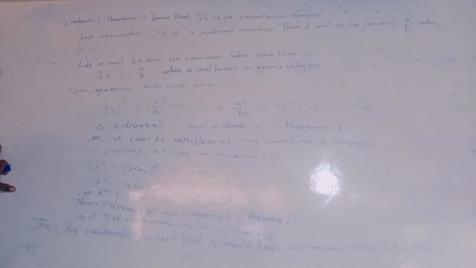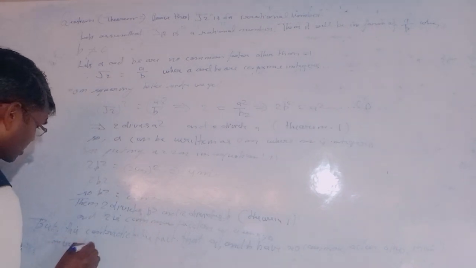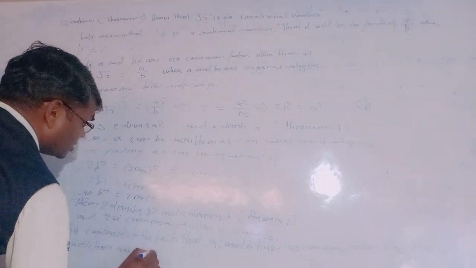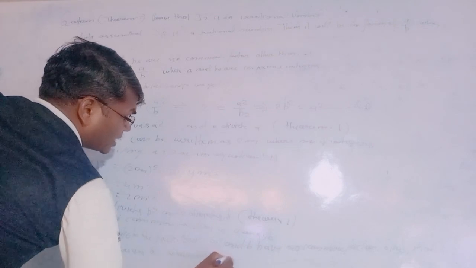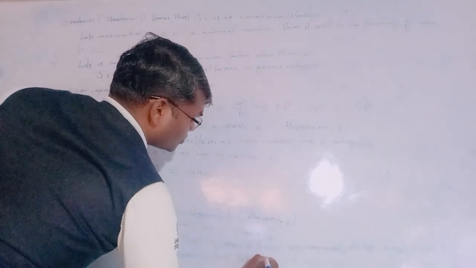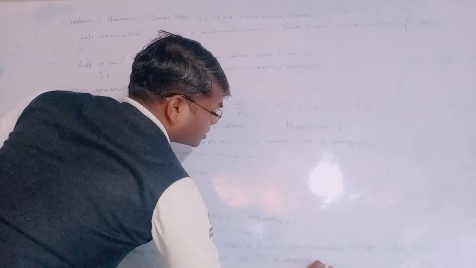The contradiction arises by assuming that root 2 is a rational number.